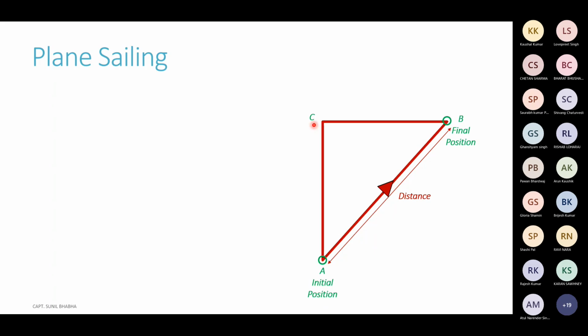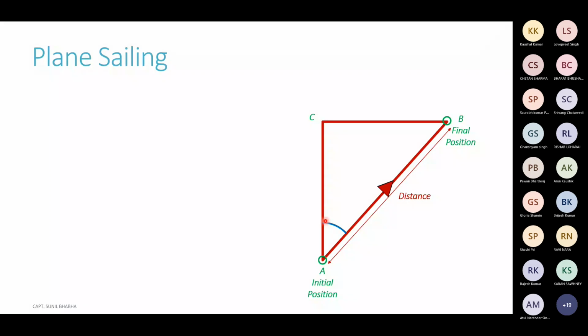Now let's name the third vertex of the triangle as C. Now this angle which you see here is angle A. This is the angle between true north. You see the AC line is pointing towards true north. It's a vertical line, and the direction of true north on our chart is vertically upwards.